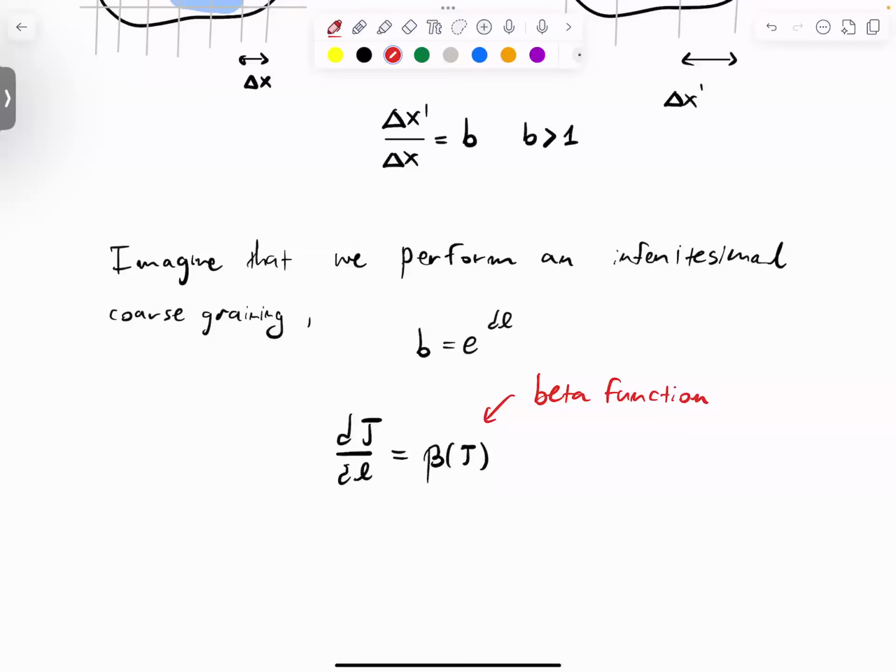And it tells us how these couplings evolve as we do this coarse graining. Okay, so this is basically what we're after in RG. This gives us the intuition, and we'll see how it works.